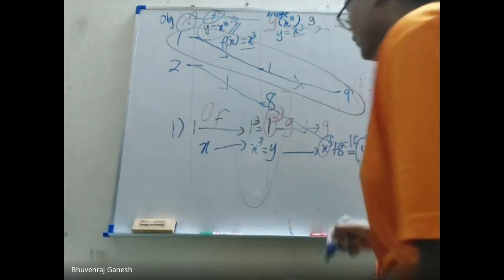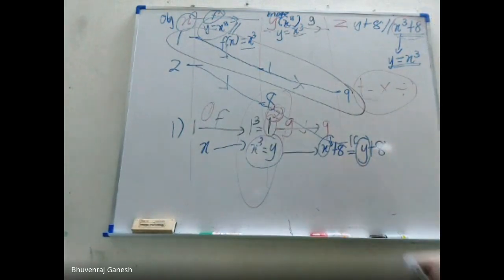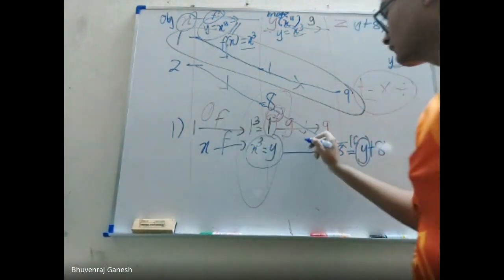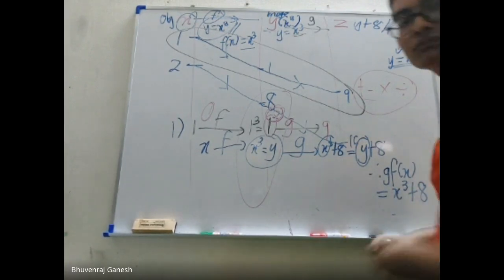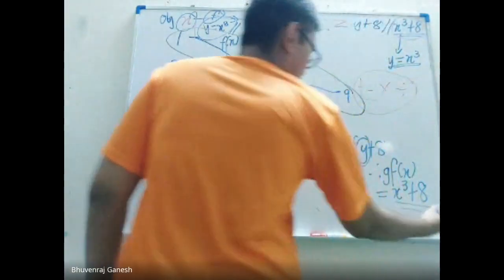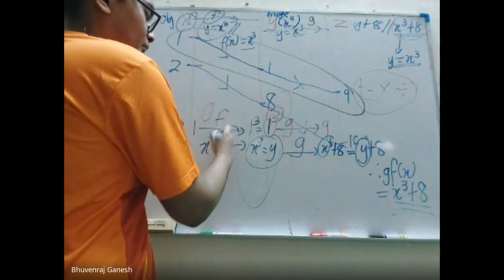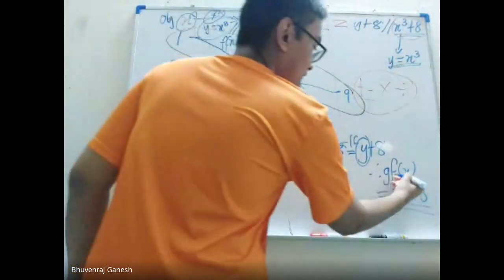Same values based on this. So here is going to be your f, here is going to be your g. So I can say that g of f of x is equal to x cubed plus 8, because this function is going to happen first. That's why I put it at the most right.